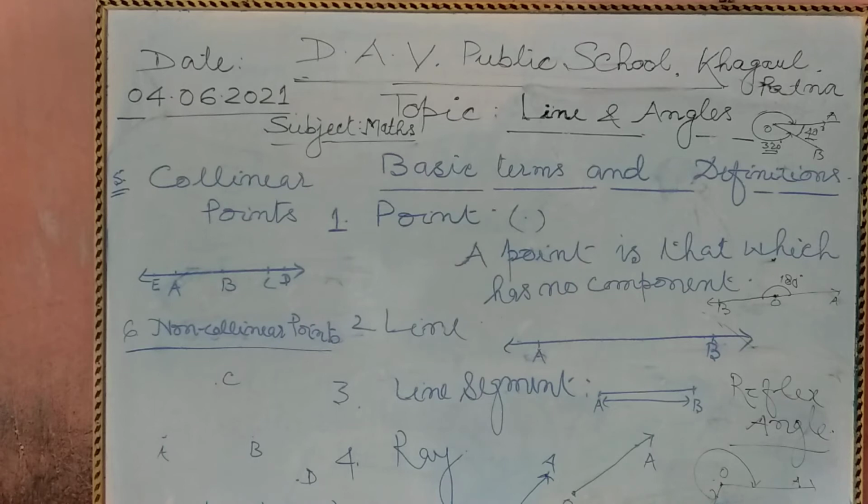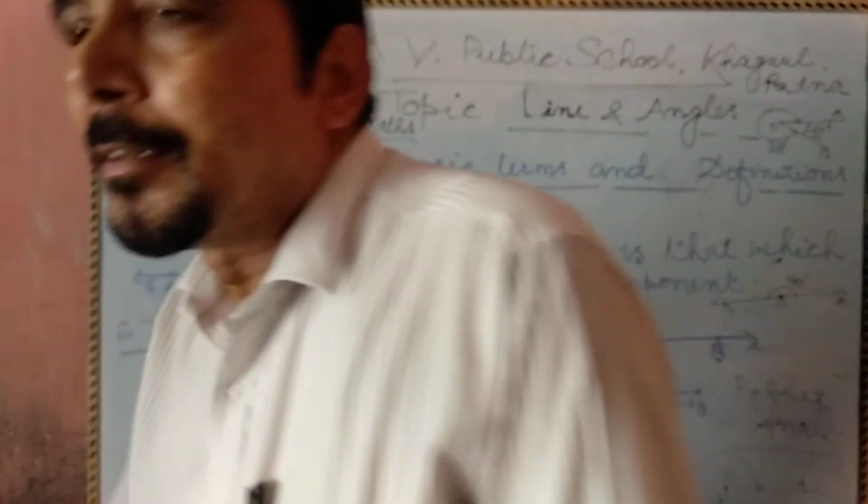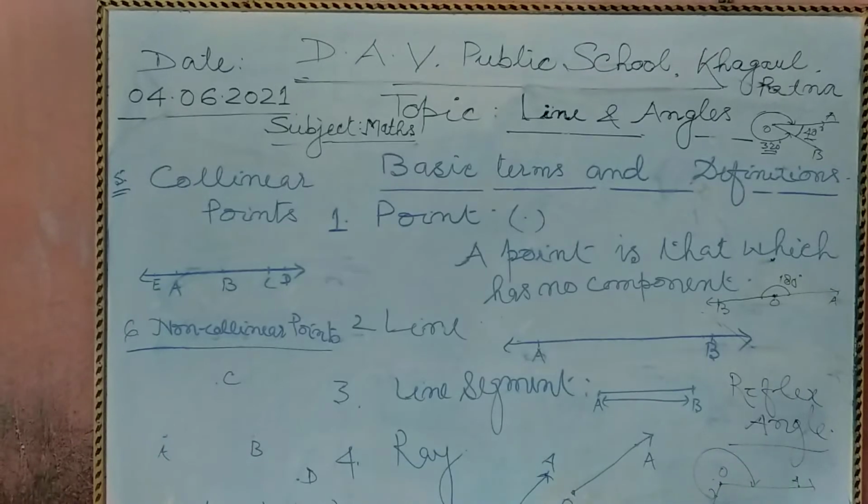And each piece has a definite measurement, means they have endpoints. So a line segment is also a part of the line which has endpoints, means it has a definite measure of length.